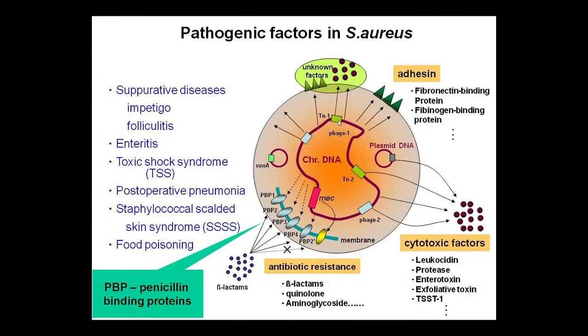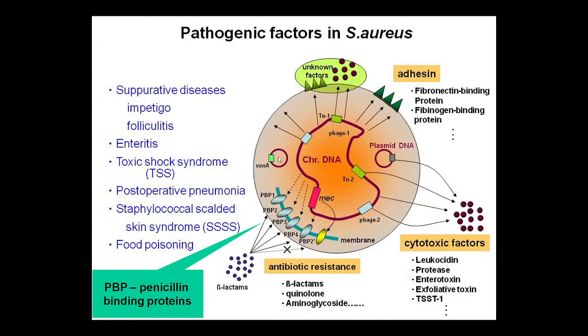And you can see the bacteriophage, you can see transposons and phage, and you can see the plasmids, and also some free plasmids that also may occur inside the staphylococcal cell.